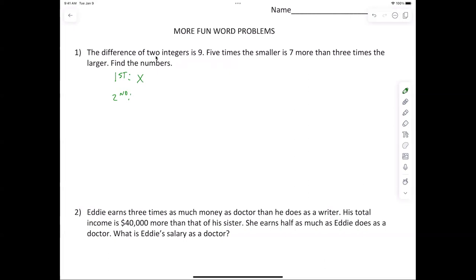Now, someone give me an example of 2 numbers that differ by 9. What is 14 minus 5?